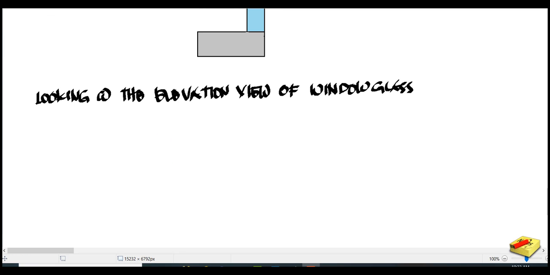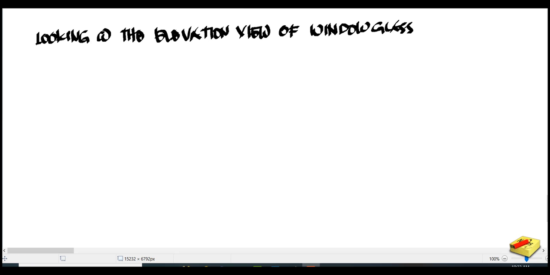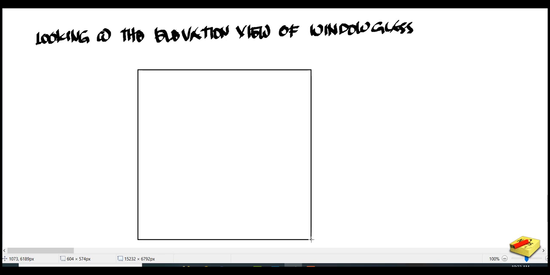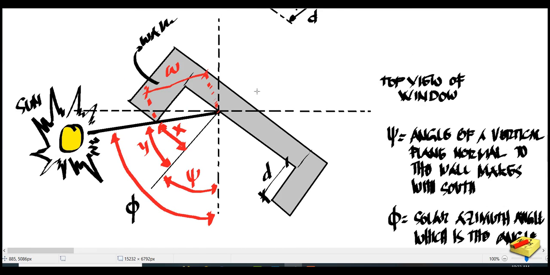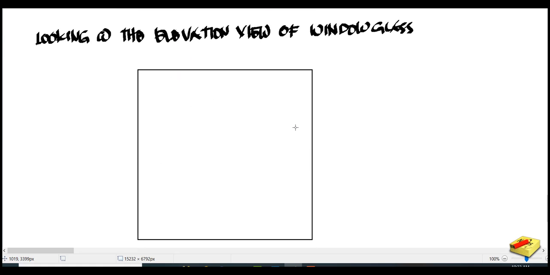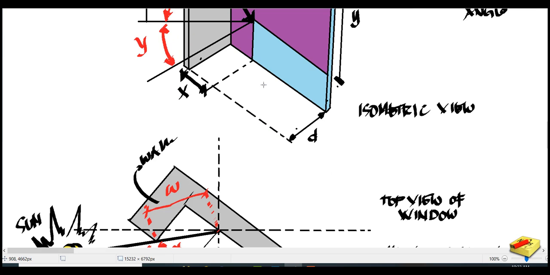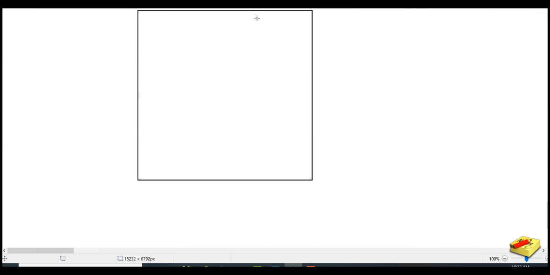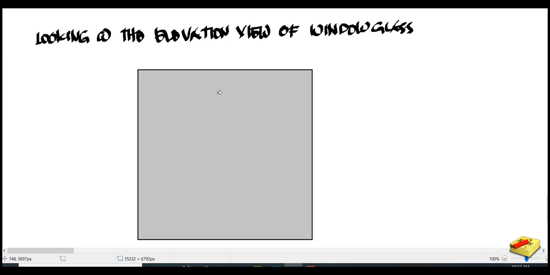Now looking at the elevation view of the window glass, we'll draw the glass here. I'm going to color it with this color, since this is the color of the glass, so we can easily distinguish it.